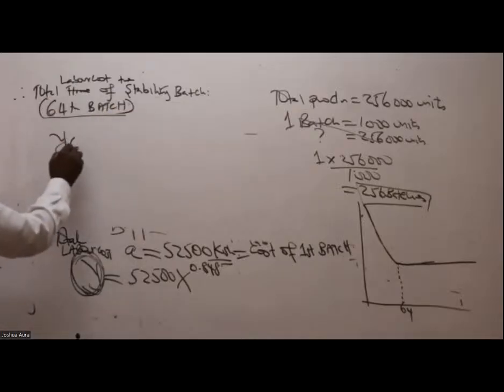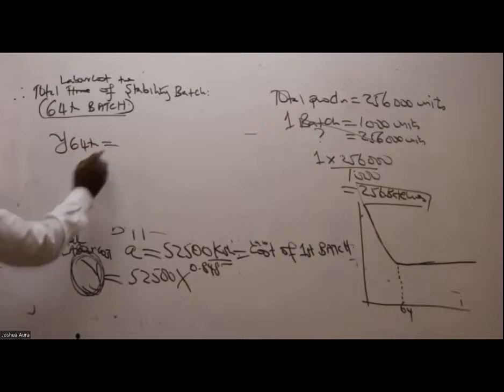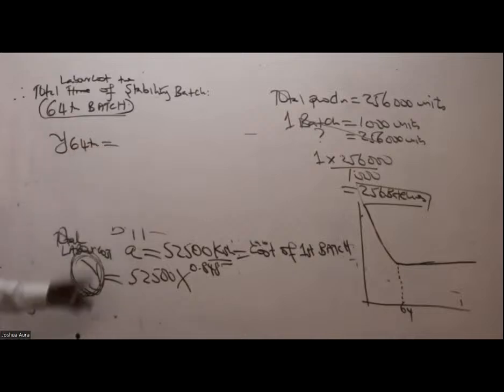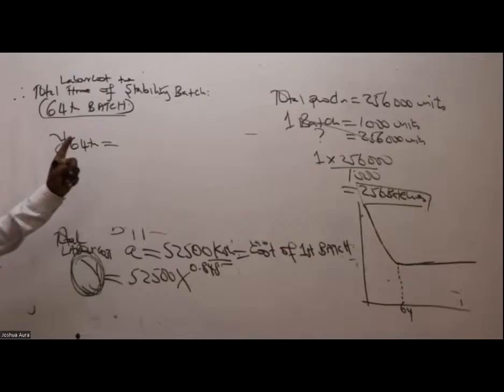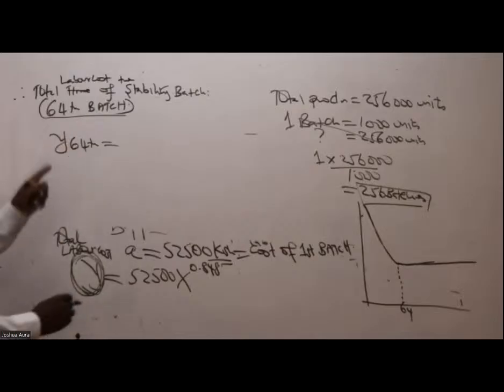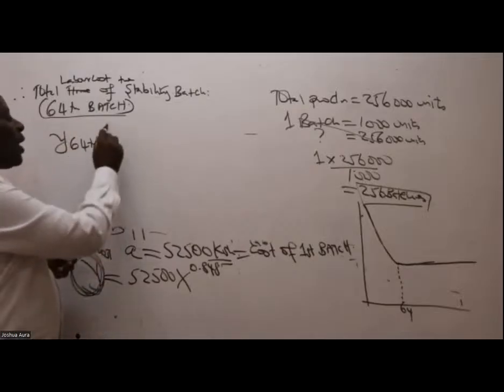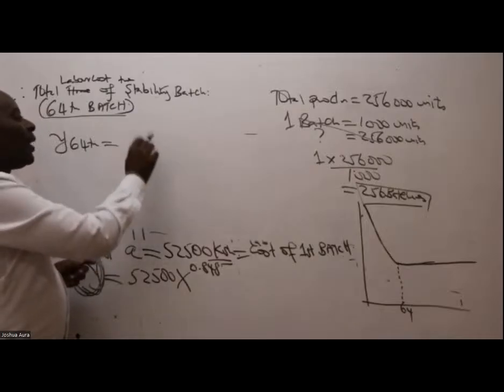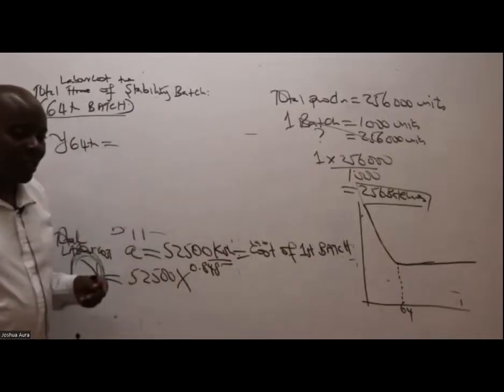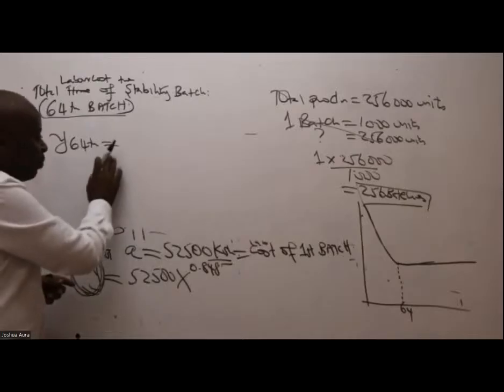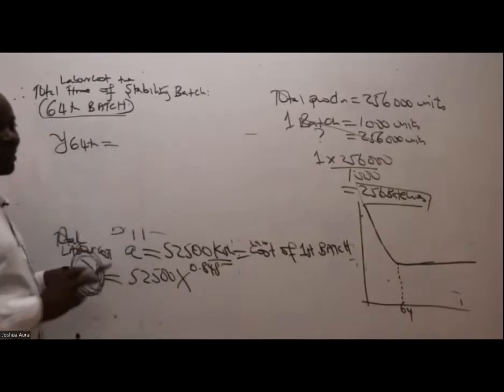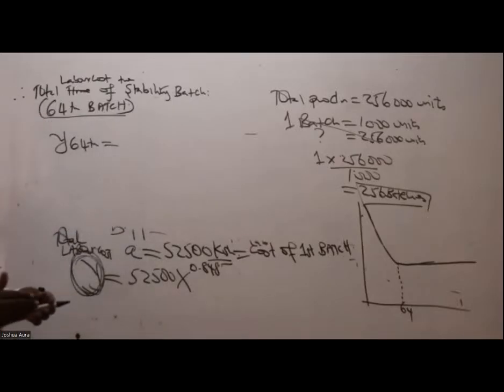So then they want me to give them Y 64th. Of course, I need to expand this. This needs expansion. So how do I expand this? I should say Y first something minus Y first something. Can somebody help me expand this? Tell me, I should talk of Y first what minus Y first what?